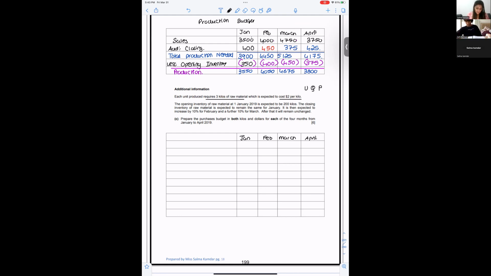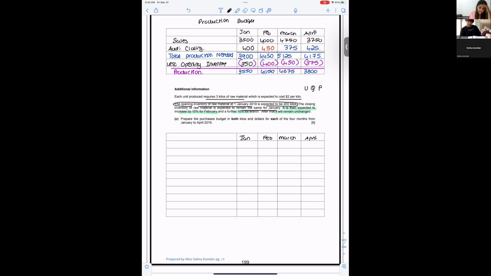Opening inventory of raw material on 1st January is expected to be 200 kilos. Closing inventory is expected to remain the same for January. It is then expected to increase 10% for February, further 10% for March. After that, it will remain unchanged.